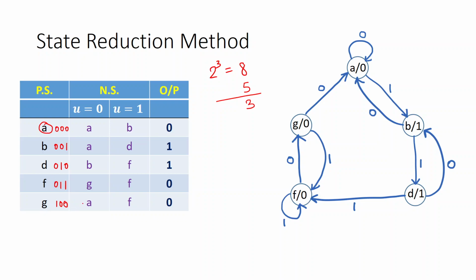There is no possibility because this is how the system behaves. This is the system dynamics. There is no possibility that I will ever be in any of the states other than these 5 states.